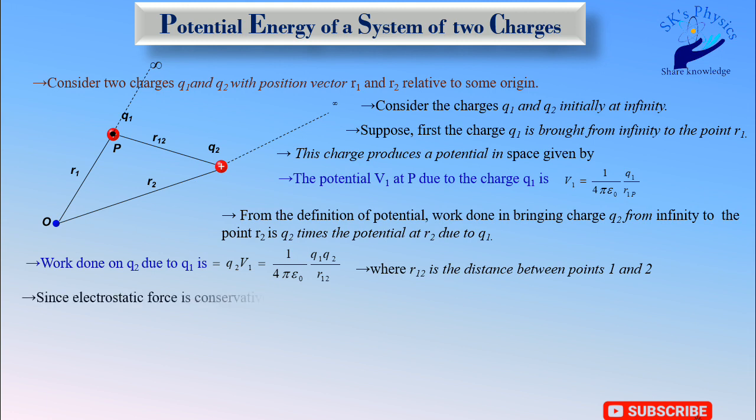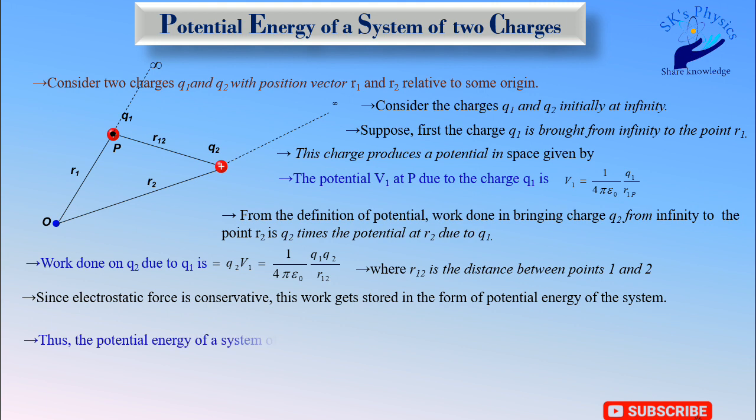Since the electrostatic force is conservative, this work gets stored in the form of potential energy of the system. That means work done is the potential energy. Thus the potential energy of the system of two charges Q1 and Q2 is U = 1 upon 4 pi epsilon 0 Q1 Q2 upon R12.